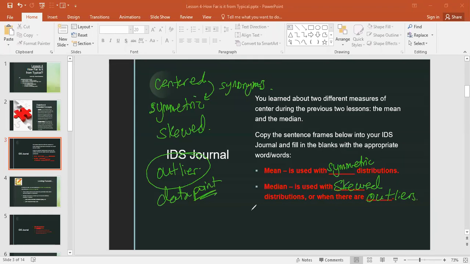Okay, so if you guys remember from lesson 3, we had our right skewed and our left skewed distributions that we looked at, right? In that case, our mean and our median were not the same. With the symmetric distribution, our mean was approximately the same as our median, okay? But with the skewed distributions, one was greater than the other, and so they weren't exactly the same. And then of course we had our outlier, right?